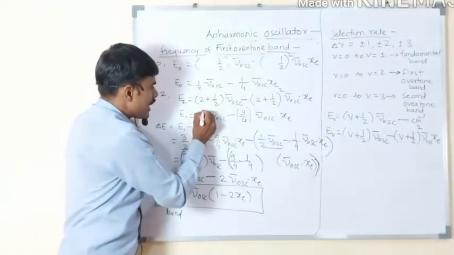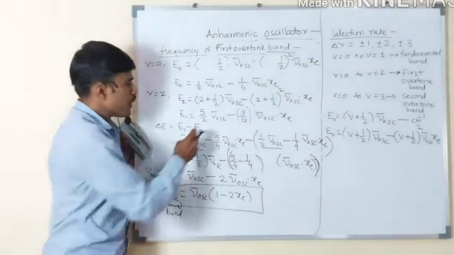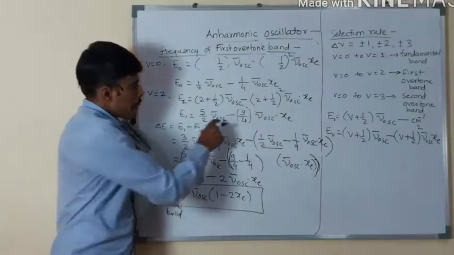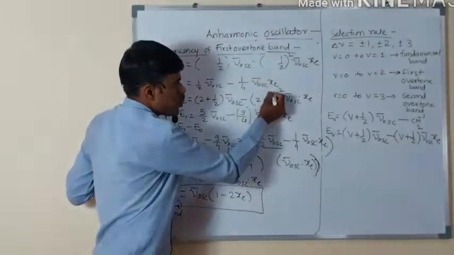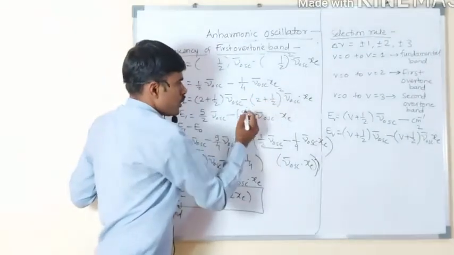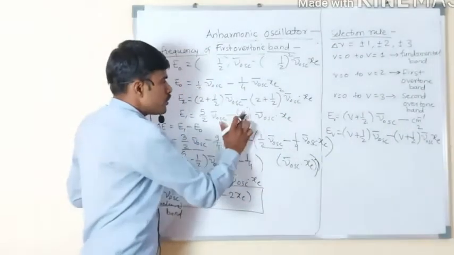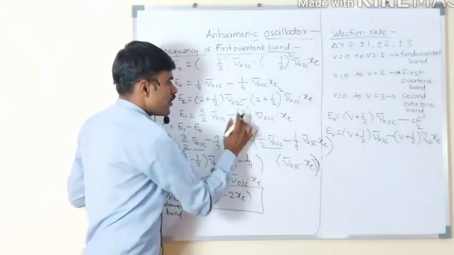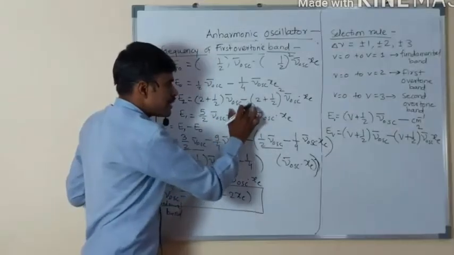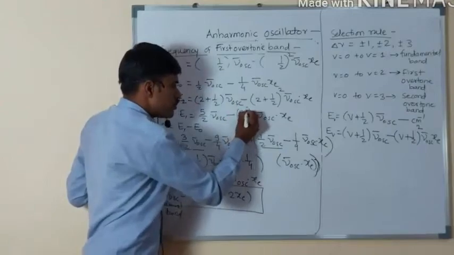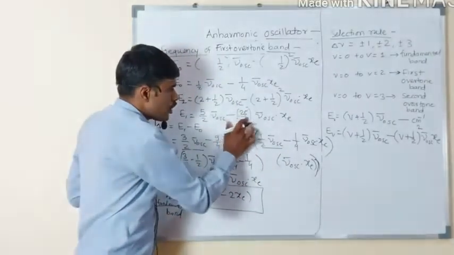So instead of this you can write 5/2 ν̄ of oscillation minus (5/2) square. Square of 5 is 25 and square of 2 is 4.